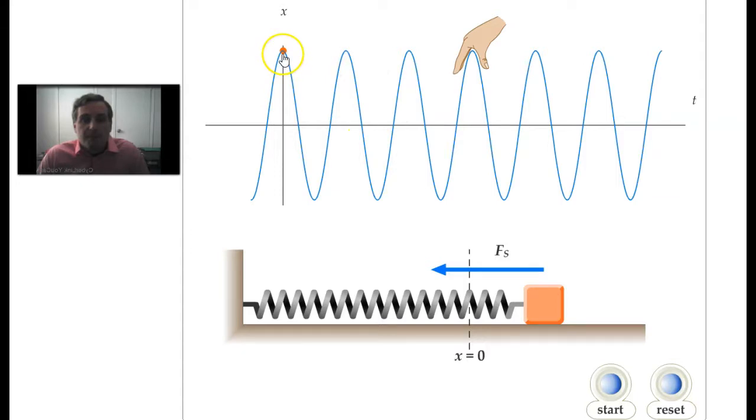How do I know that? Because x begins at its maximum value. At time t equals 0, notice that the position is maximum, and we also know that the cosine function usually starts at its maximum value for the horizontal axis variable being 0. So I believe this is a cosine function with a certain amplitude. The amplitude of this cosine function is going to be the initial x position, which is not necessarily 1 meter.